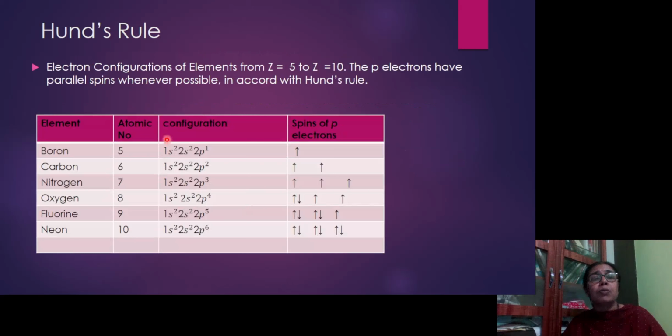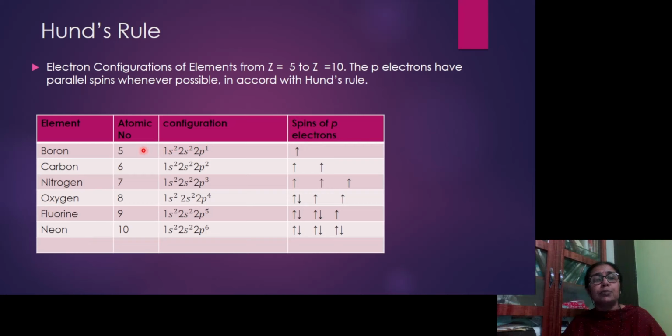Now one more application of Hund's rule we can see if we consider the electronic configuration of these various elements: boron, carbon, nitrogen, oxygen, fluorine, neon.